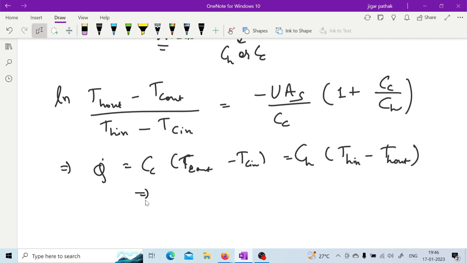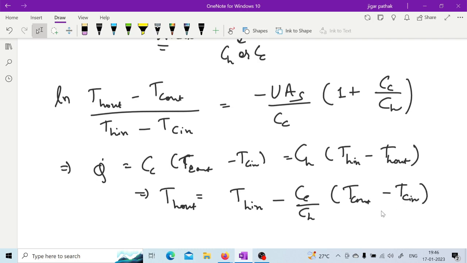From this you can write Th out, which is nothing but Th in minus Cc by Ch (Tc out minus Tc in).